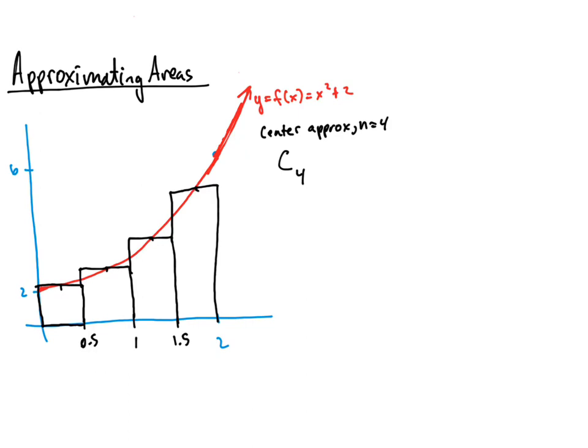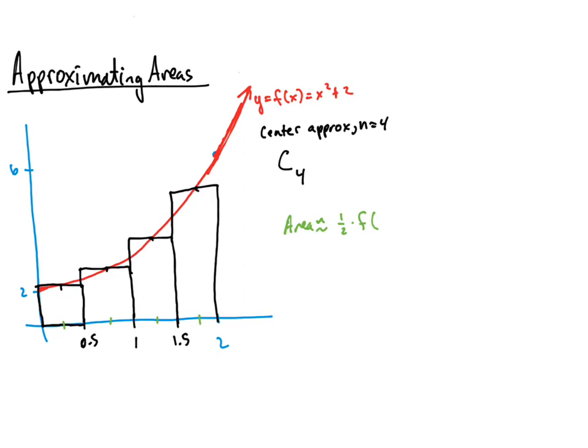So let's go ahead and find the area here. So we're going to say the area of these four rectangles. So the width still of each subinterval is 1/2, and then times f of, well, we're going to evaluate the function at each midpoint of each subinterval.